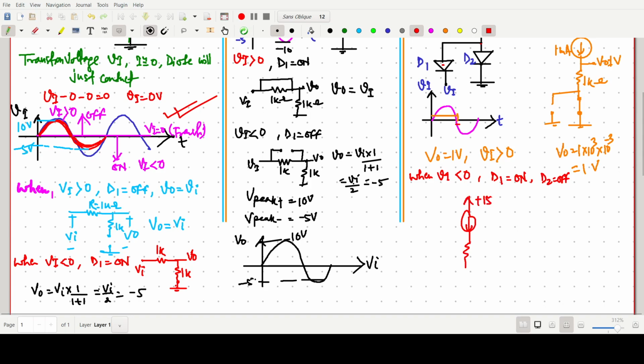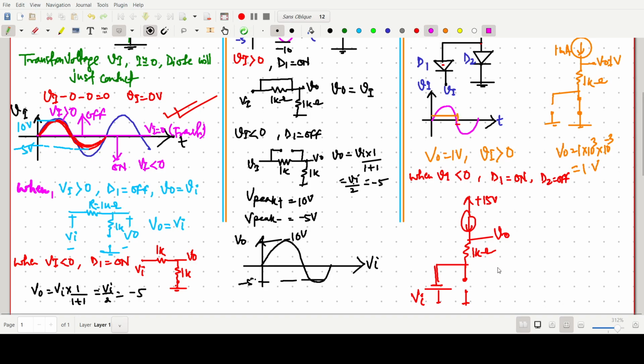This one is plus 15 volt, 1 kilo ohm, output is there. This should be open, and this should be Vi. I am just writing Vi like this, and this one V naught.